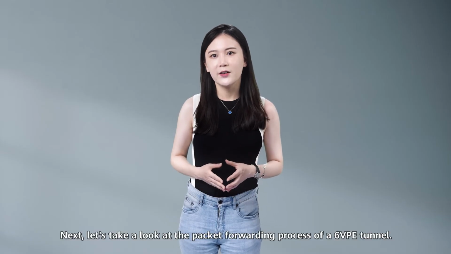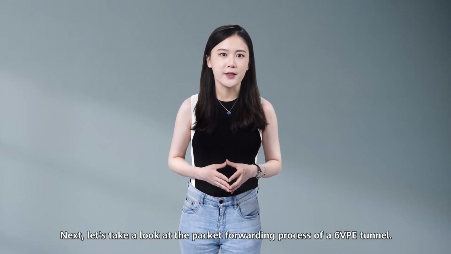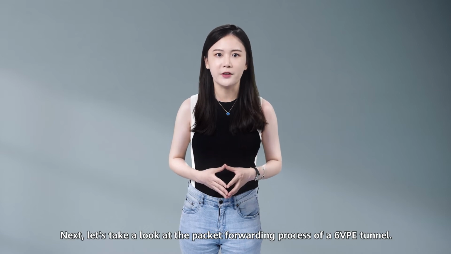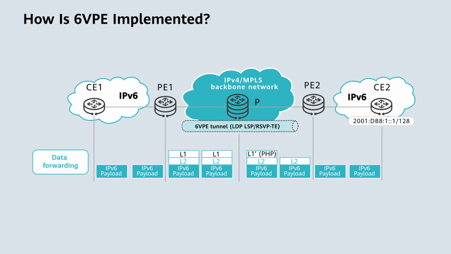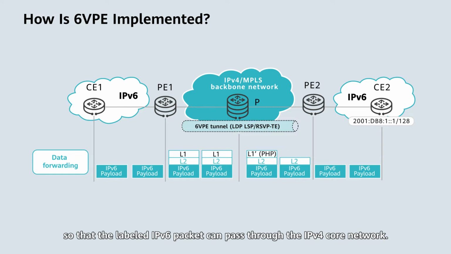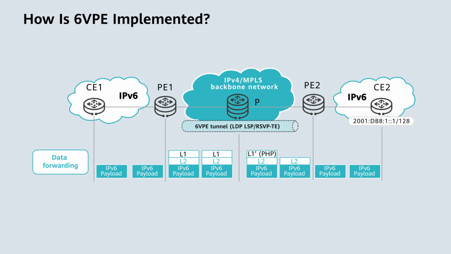Next, let's take a look at the packet forwarding process of a 6VPE tunnel. 6VPE packet forwarding is similar to BGP or MPLS IP VPN packet forwarding. 6VPE adds double labels to an IPv6 packet so that the labeled IPv6 packet can pass through the IPv4 core network.